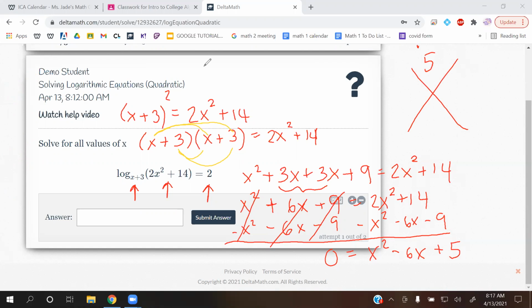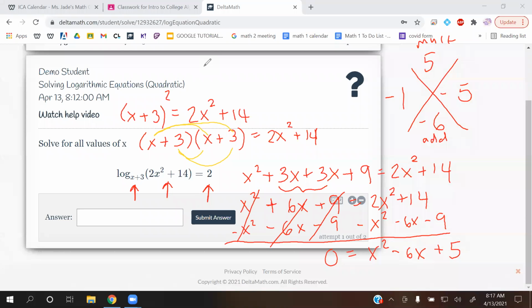You want numbers that multiply to 5. And then the negative 6 goes on the bottom. You want numbers that add to negative 6. And so if you think about what numbers can multiply to positive 5 and add to negative 6, you can hopefully get negative 1 and negative 5, because two negatives will multiply to positive 5. And those two negatives will add to negative 6.